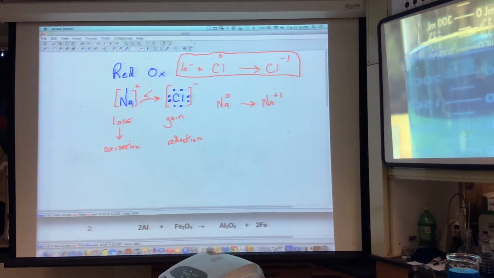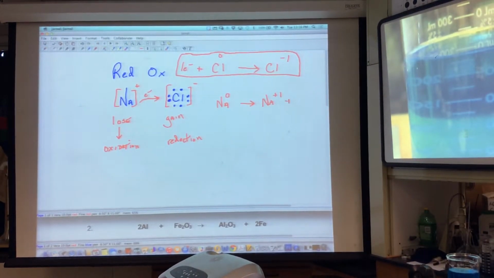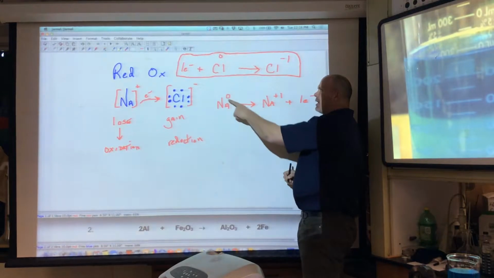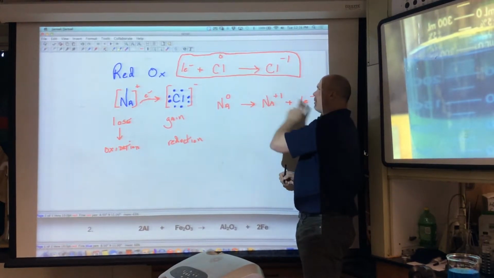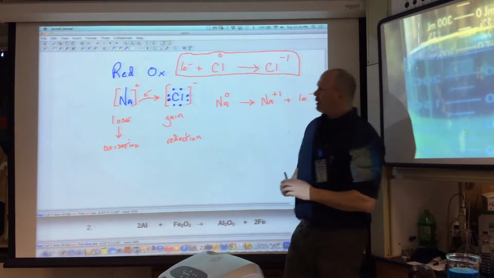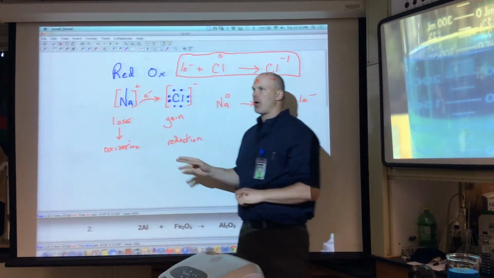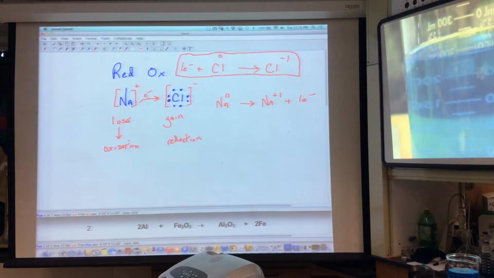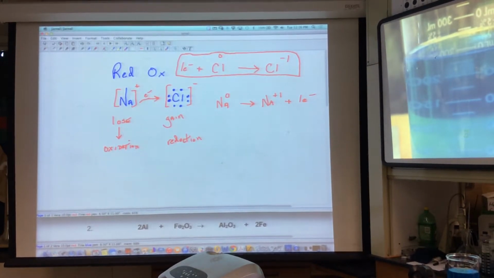Product side. So we're going to put the electron that it lost on the product side. There it is. So sodium becomes sodium plus 1. Its charge goes up by losing an electron. And remember that losing an electron is oxidation. There's a reason for that. I'm going to explain in a second. But to help you remember that, last night, remember that Leo, the lion, does what?